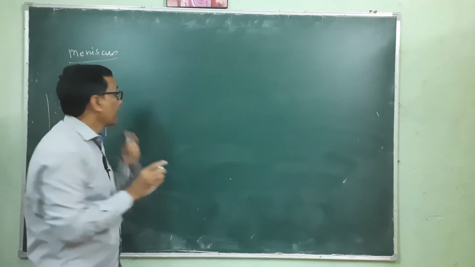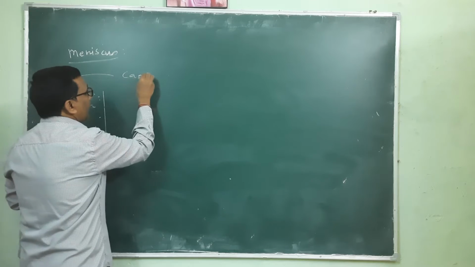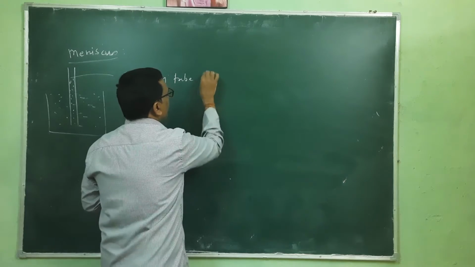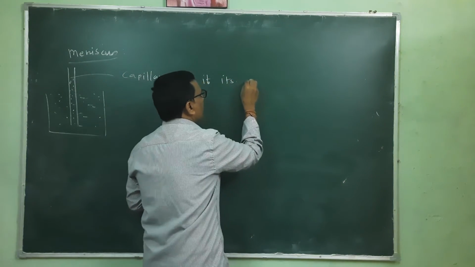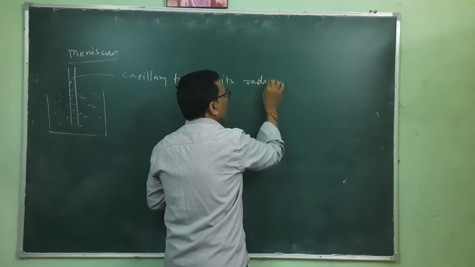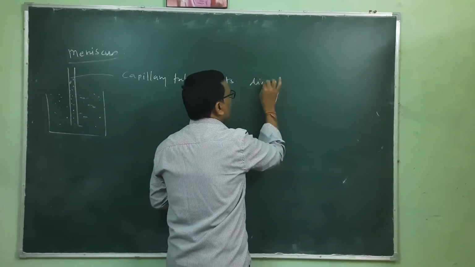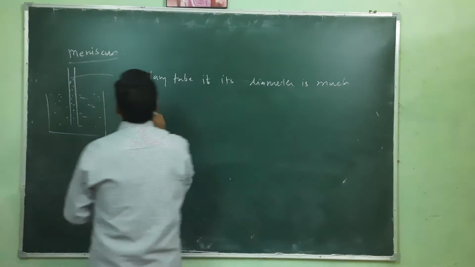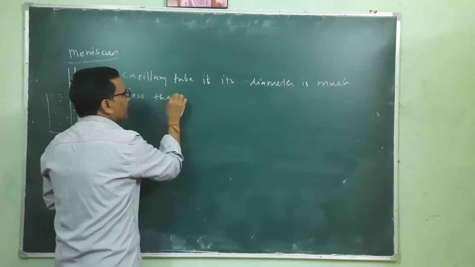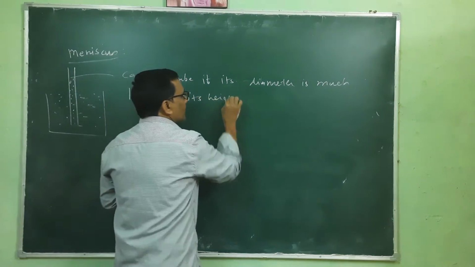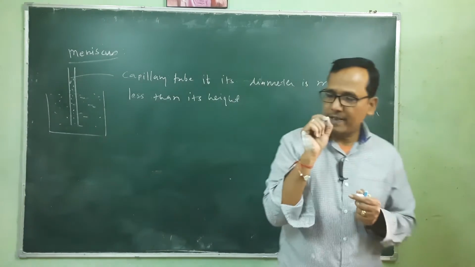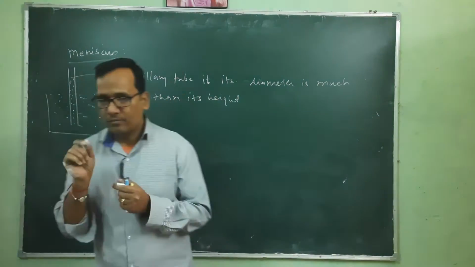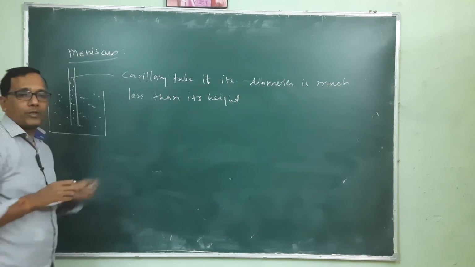If its radius or diameter is much less than its height, very small, in the millimeter to micrometer range, then that tube is known as a capillary tube.